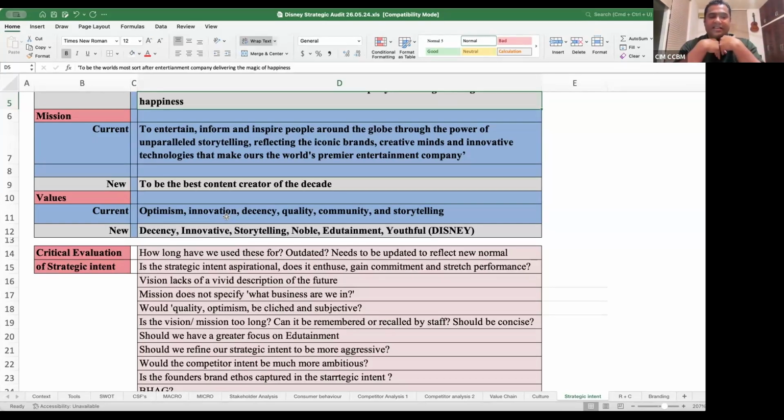And I personally witnessed it when I was in Disneyland in Orlando, in December. There was an outdoor show, and Mickey Mouse comes first, Minnie Mouse, Donald Duck, everyone comes.